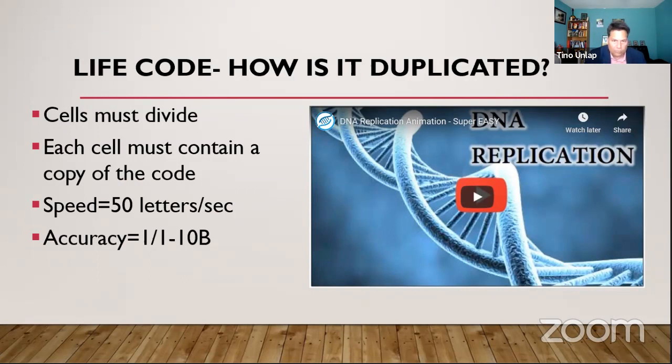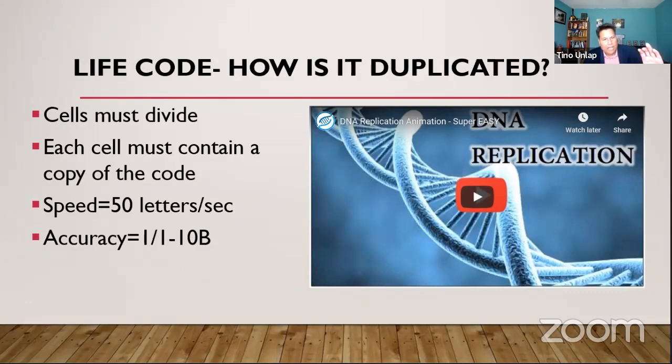That's just natural. They have a lifespan. The cells are generated in the body, and then they do their work, and then they die off, and they must be replaced. So in order for an organism to survive, a cell must be able to divide.